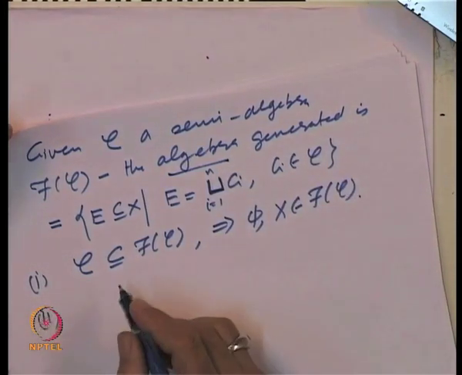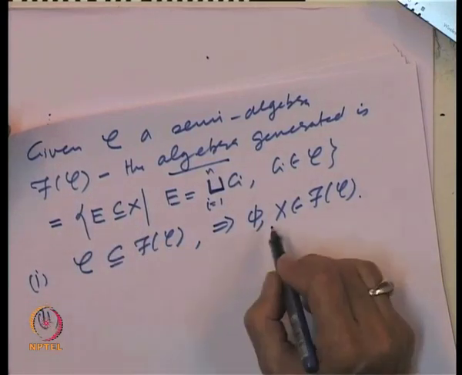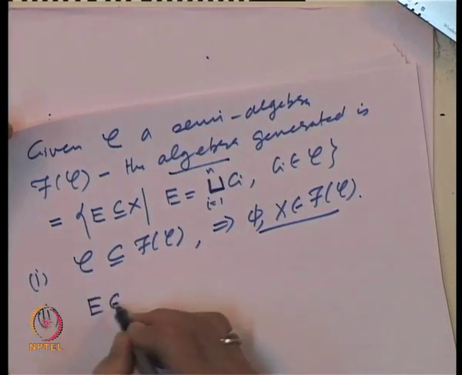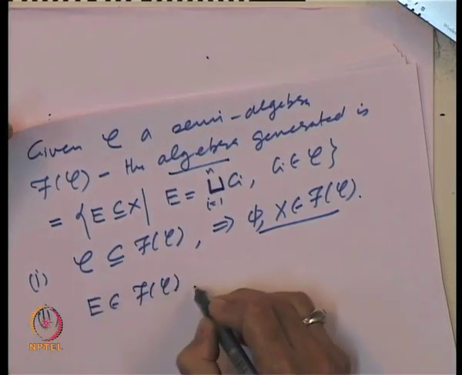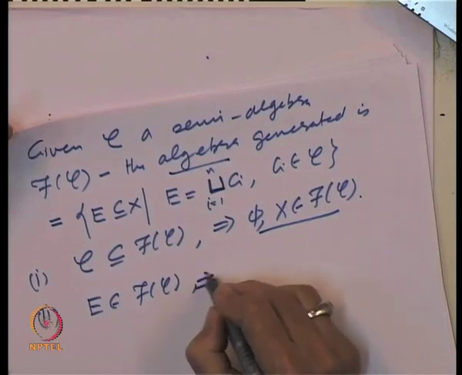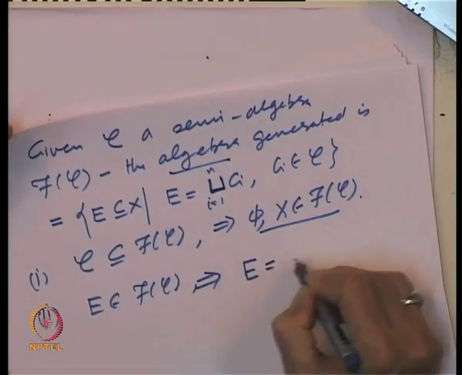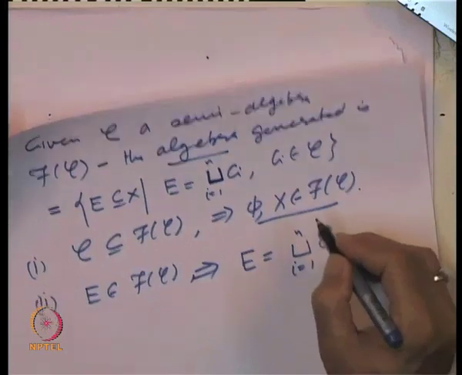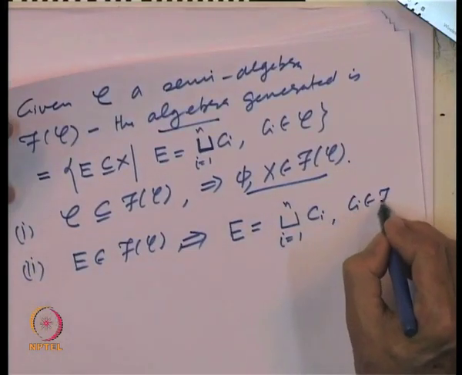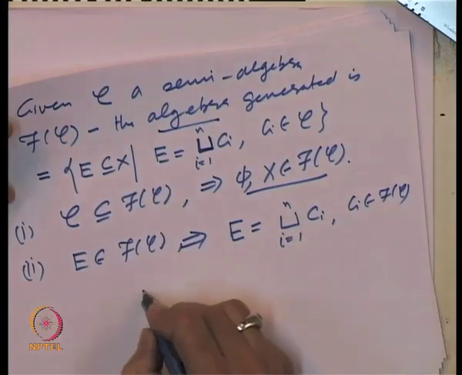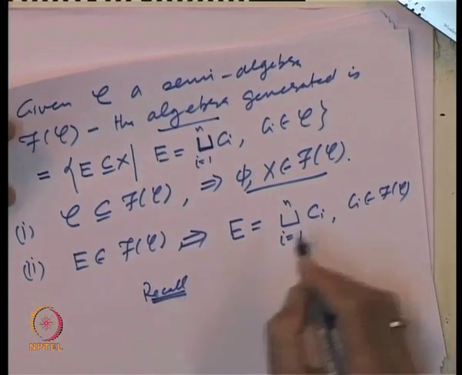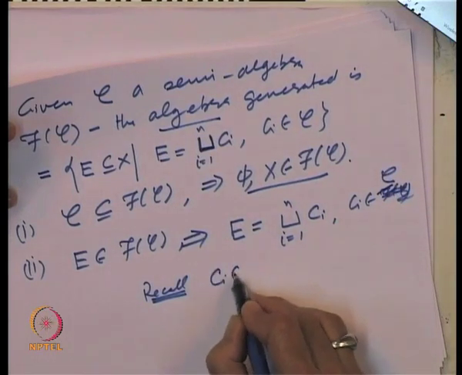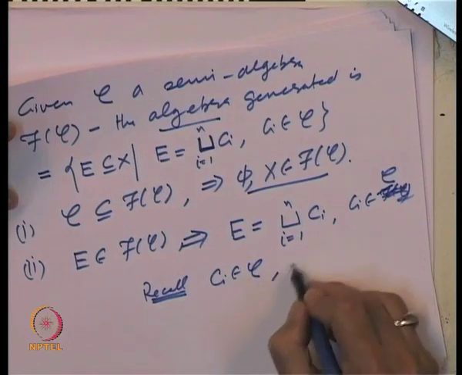Second, we are trying to show that f of C is an algebra. So, the first property we have checked. Let us take a set E belonging to f of C. That implies that E can be written as a finite disjoint union of C i's, i equal to 1 to n, where C i's belong to C. But recall that C is a semi-algebra.